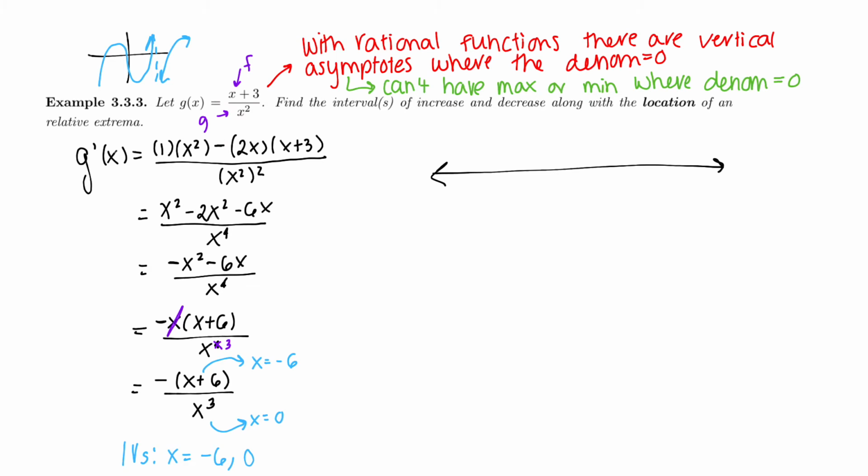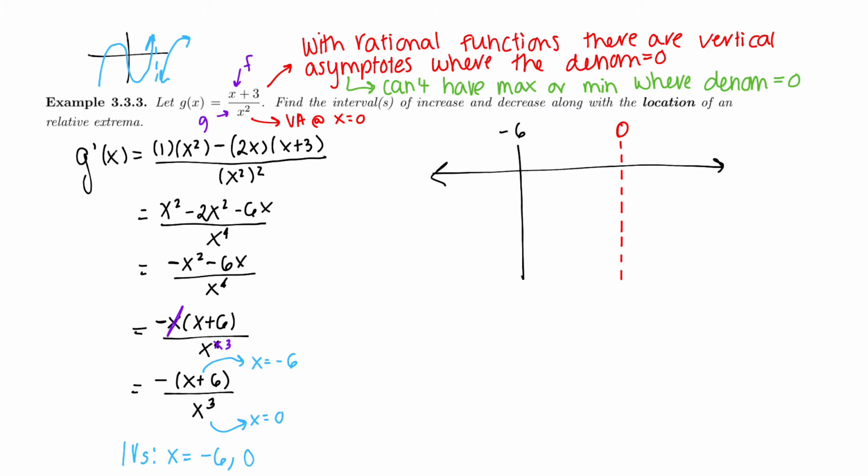So I make note of that at the very beginning of the problem, right? I'm going to make note that there's a vertical asymptote at x equals 0. And I am going to draw a very different type of line here at 0, so that I make note to myself that there is a difference. I'm going to put negative 6 as normal, but 0 is different, not because it makes the denominator 0. That's not the issue. The issue is that it makes the original function 0 in the denominator.